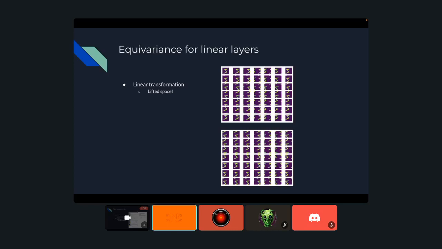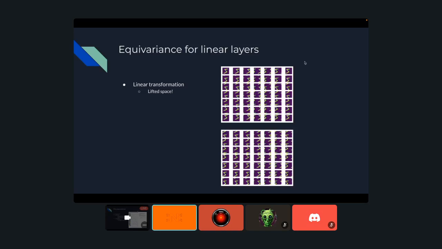We perform a lifting transformation. So instead of operating on images, we operate on all possible copies of an image transformed using all possible actions. This is a representation of what it looks like for MNIST images and the translation group.